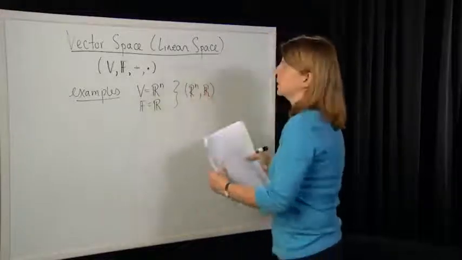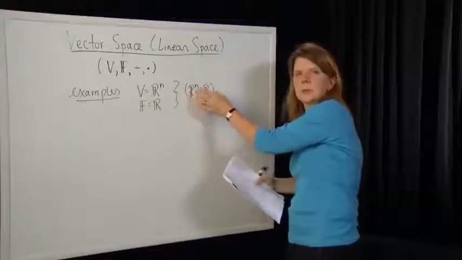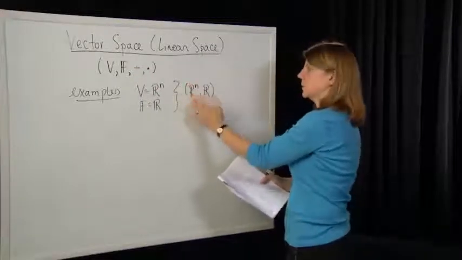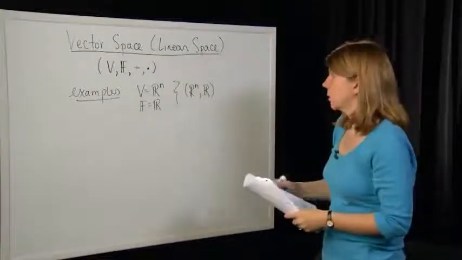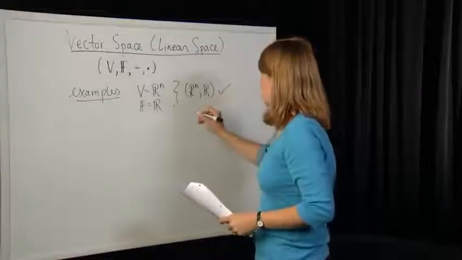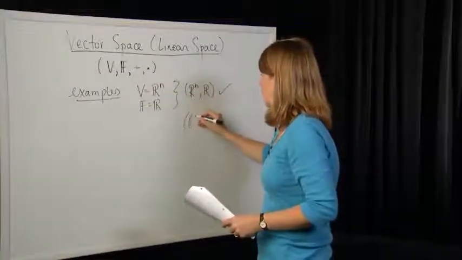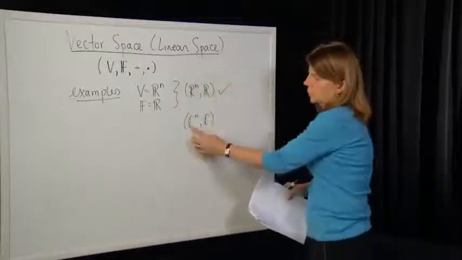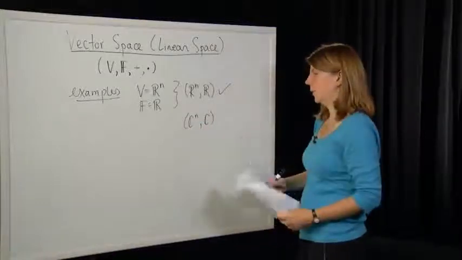And then we don't typically write plus and times because it's assumed that we're using those operations from the space itself. So standard addition and multiplication for those vectors. In general, this is a vector space, and we can replace the R with a complex, C, and we can look at the space of vectors whose elements are complex numbers, over the field of complex numbers.